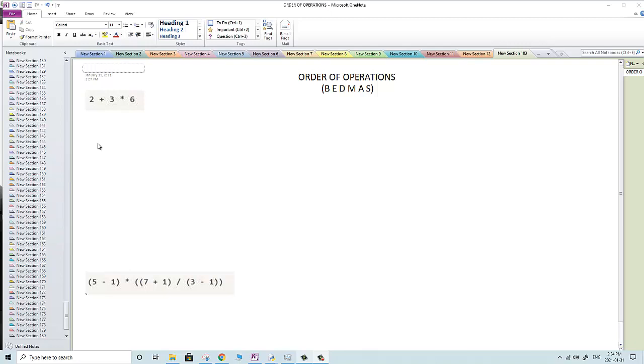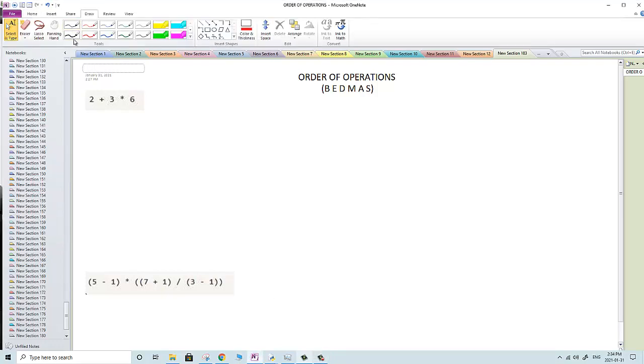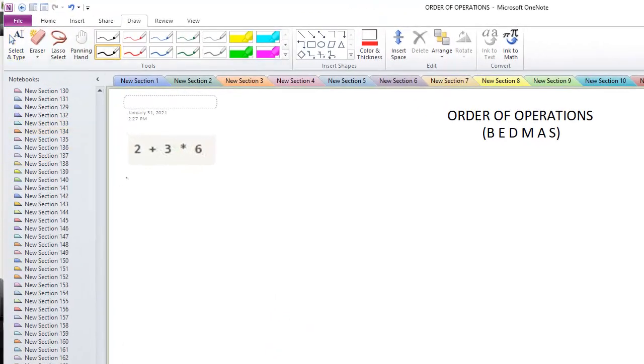Hi students, today we're going to use a calculation of some operations here with Python, and we need to notice something called order of operation. So if I have this example, I go to the Python shell and I type 2 plus 3 times 6.